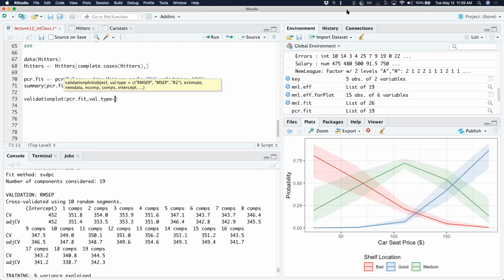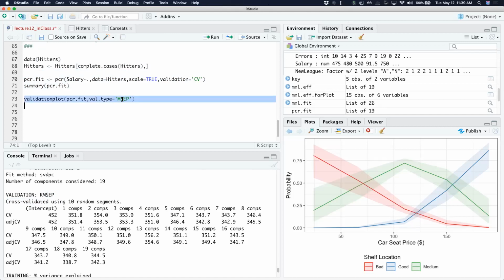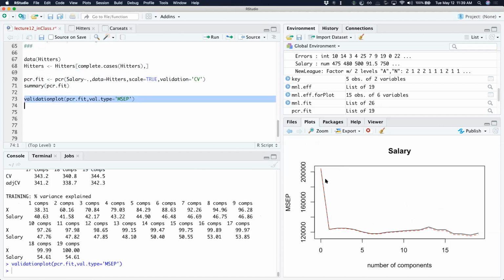Oop, hang on, I need to put that up. So this is a plot of the mean squared error as I add more and more components. This is essentially the same type of graph that I've shown before, where you have model complexity, right?